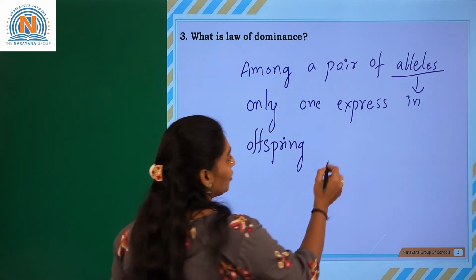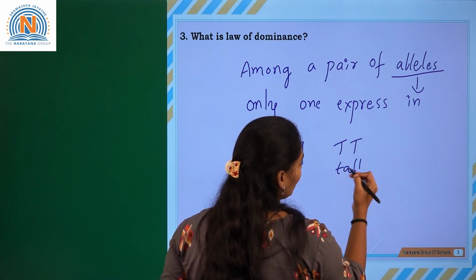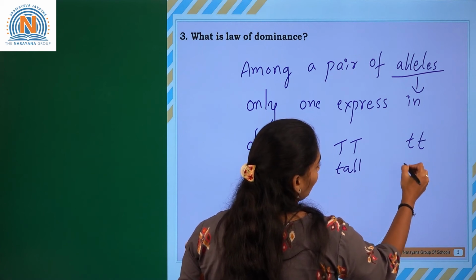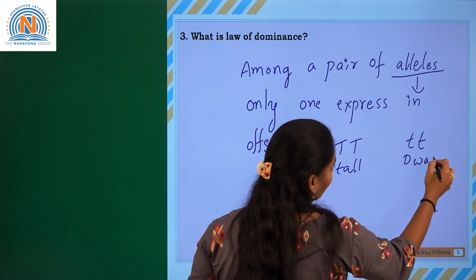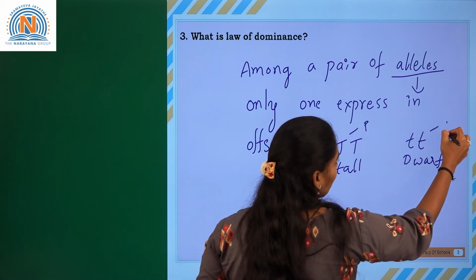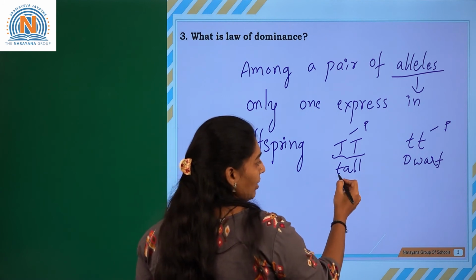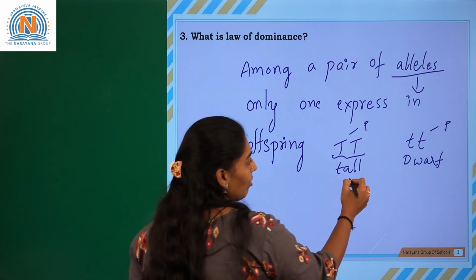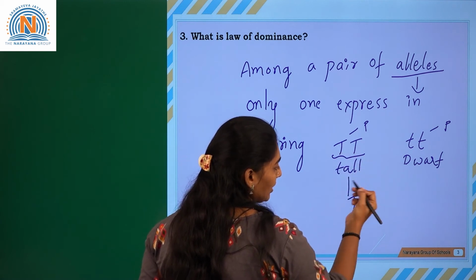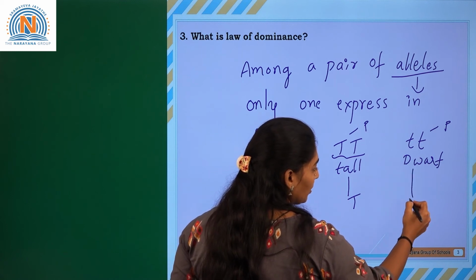See, for example, capital T is denoted for tallness, and small t is denoted for dwarfness. So this is one parent and this is one parent. These two are called alleles, and the character here is tall.